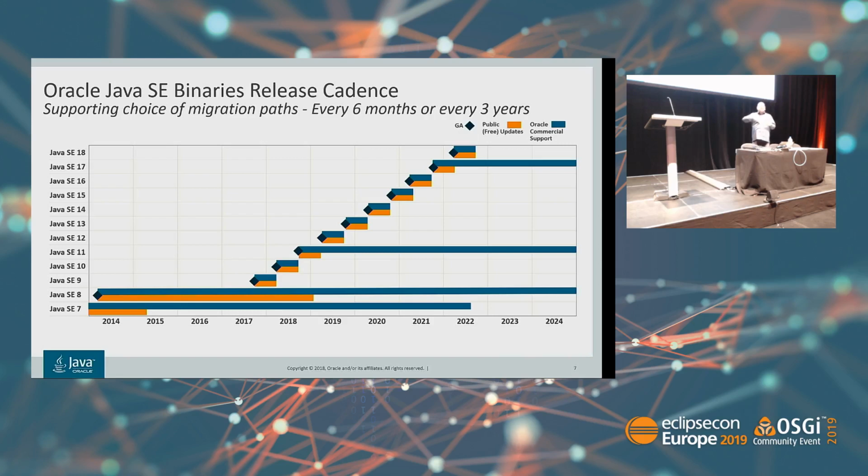There is this faster release cadence where you can adopt new features quickly as they come out, which allows us to release them to you, so you get better performance, you get new capabilities in the runtime, you get new language features, new APIs, but it also means that more conservative users can keep their investment safe for a number of years and then migrate to the next LTS version, for example, depending on their own requirements, budget, plans, and so forth.